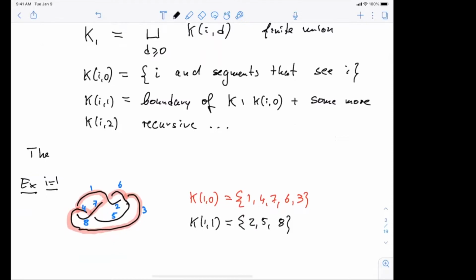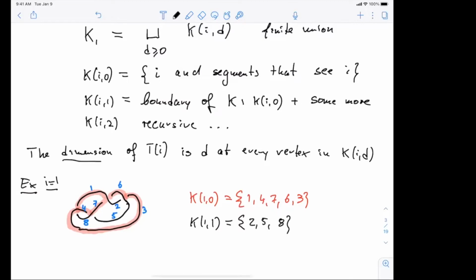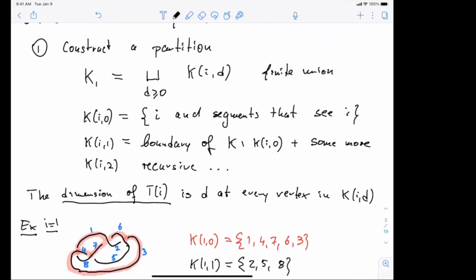So the dimension of our representation Ti is equal to D at every vertex and K. I'm switching always back and forth between calling them vertices or segments. There we have a decomposition, a partition of all the segments, or a partition of the vertices of the quiver.